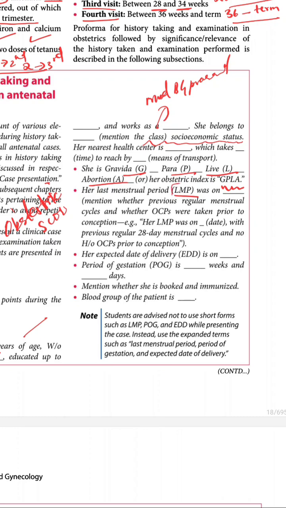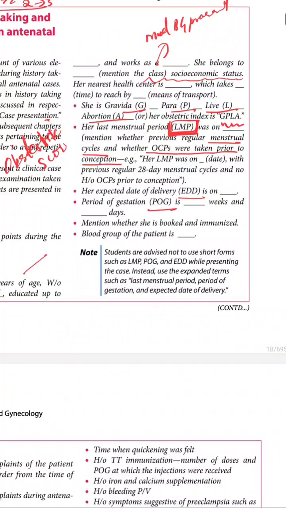For the last menstrual period, you should not ask only the date, but along with that you need to ask if the menstrual cycles were regular or 28-day cycle, and whether OCPs were taken prior to the conception. All this must be asked. Now her expected date of delivery will be calculated, and POG also will be calculated based on the formulas.